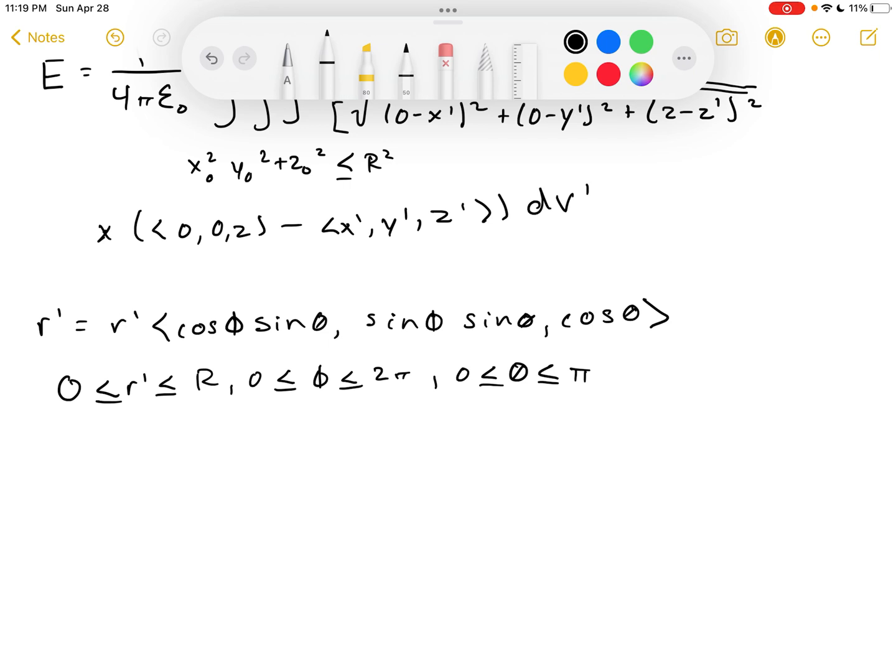So now to find the electric field at R, where R, again, is equal to (0, 0, z).